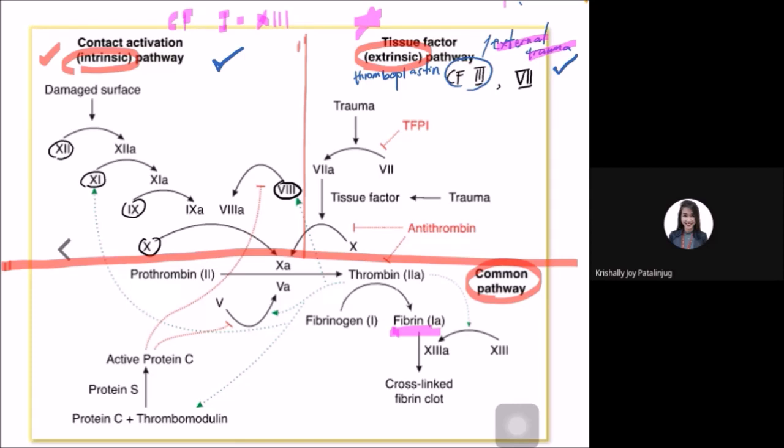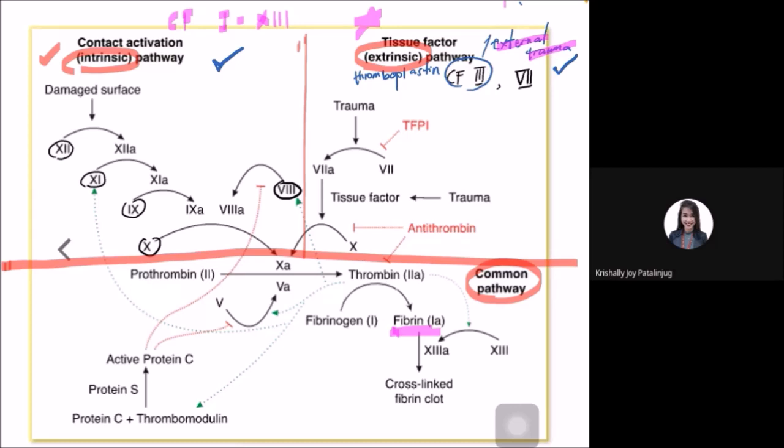Okay, your skin, your knee, or elbow, any part of your external body that gets wounded. If you get wounded, the external part of the skin, that causes the activation of the extrinsic pathway.